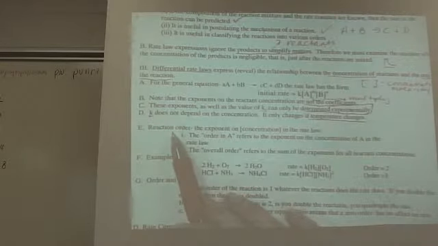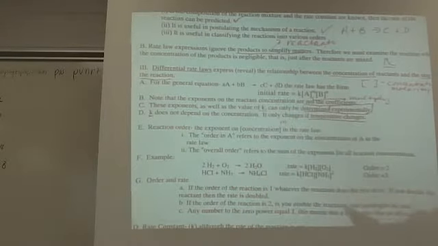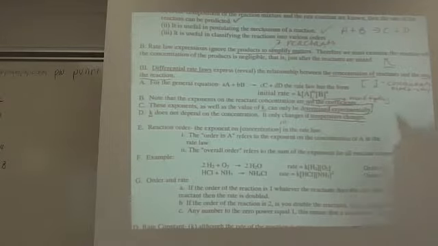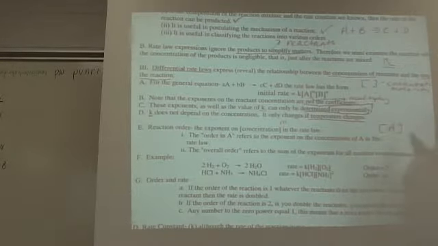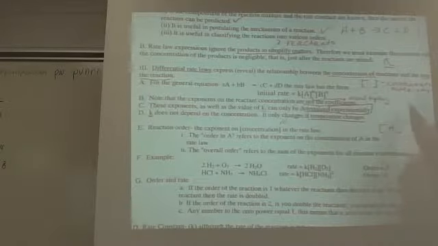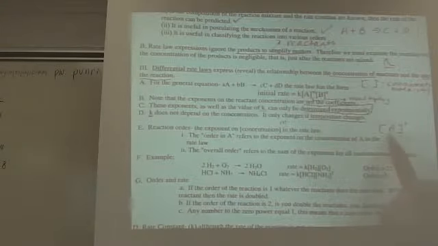Okay. Here is a little vocab for you. The reaction order is that exponent in the rate law. Okay, if I were to have a reactant A, and I wanted to talk about its order, and if there was a 1 there, I would say the order of A is 1.